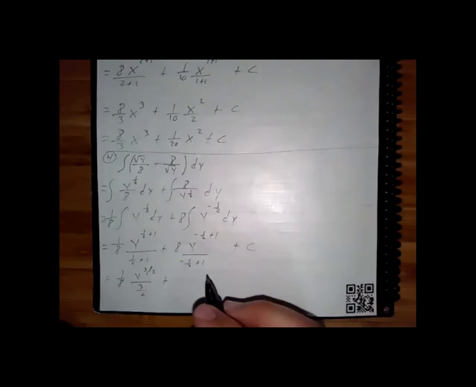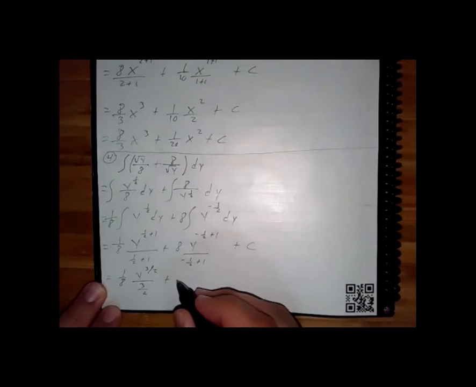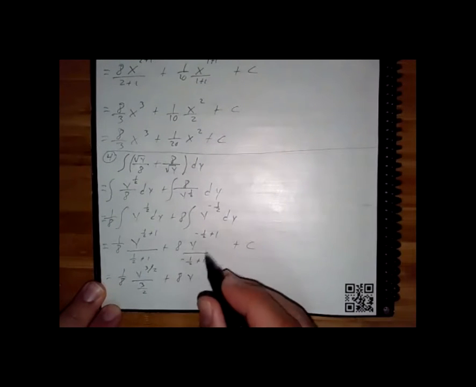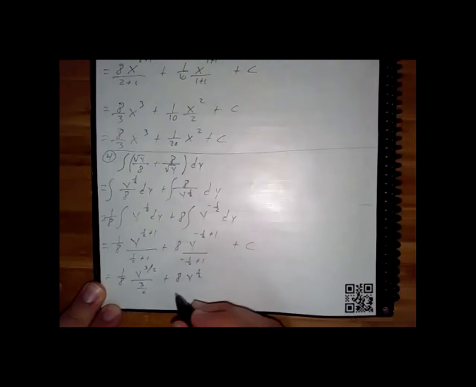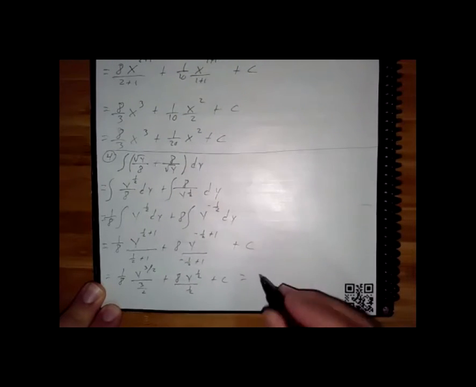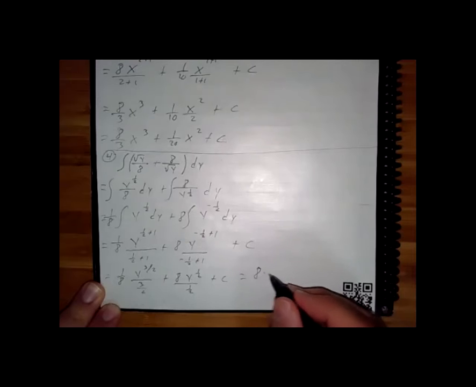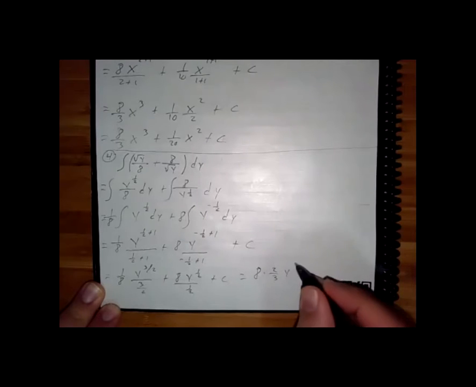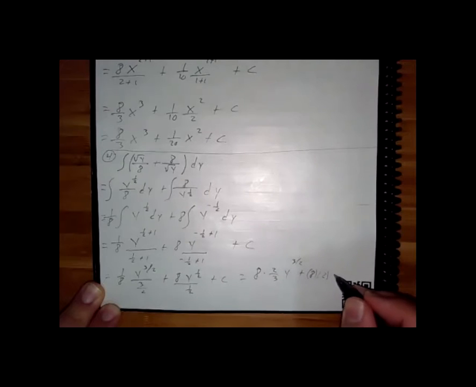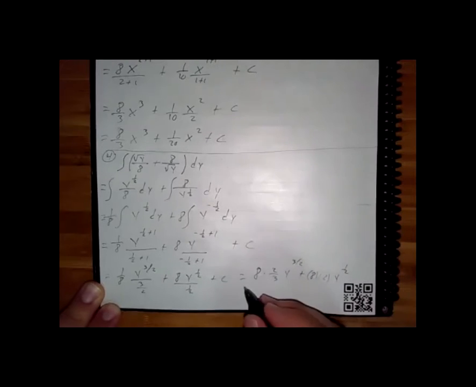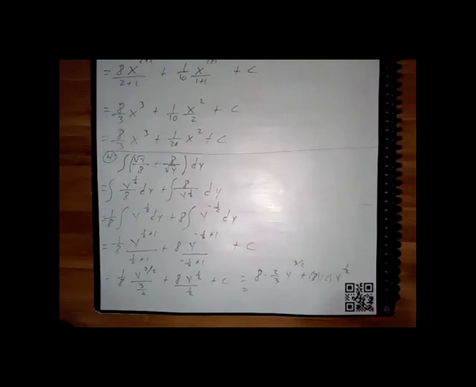So we'll have 8 times y to the 1/2 over 1/2 plus c, which will give us 8 times 2/3 times y to the 3/2 plus 8 times 2 times y to the 1/2. So final answer would be that result.